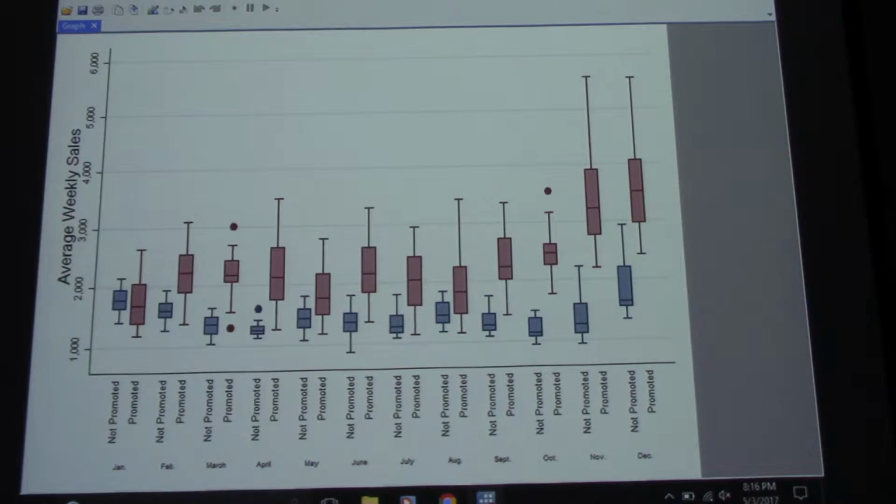And we can see where promotion has its biggest effect, which isn't too big of a surprise, which is in November and December, where everybody's buying wine and they're trying to figure out which wine to buy. So what do they buy? The one on promotion. So promotion has a big effect there.